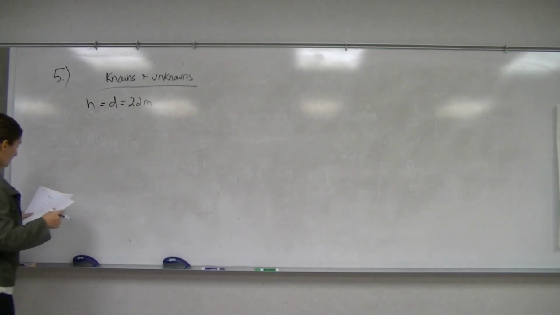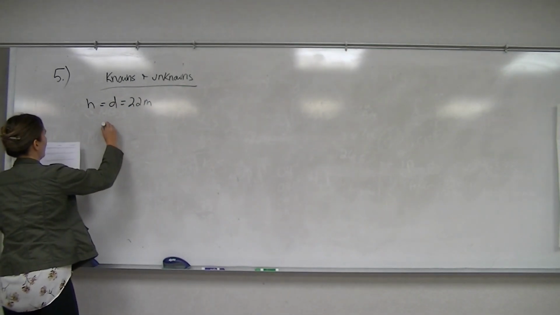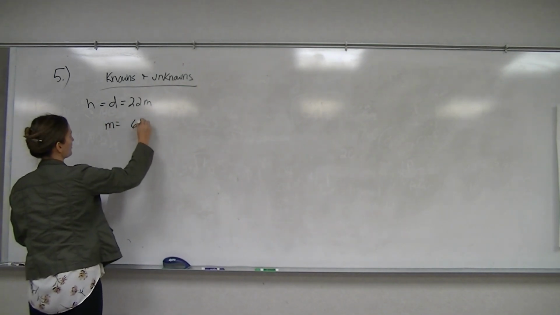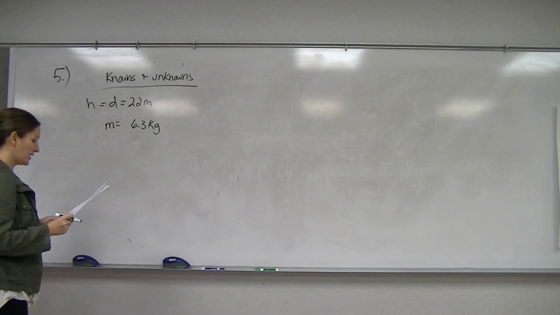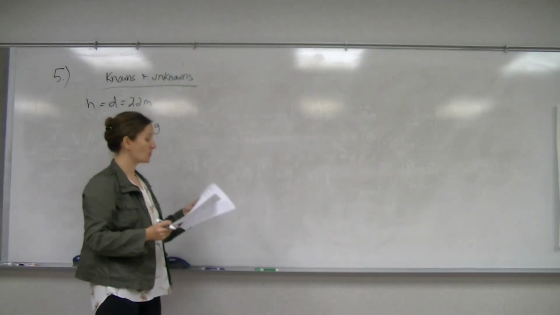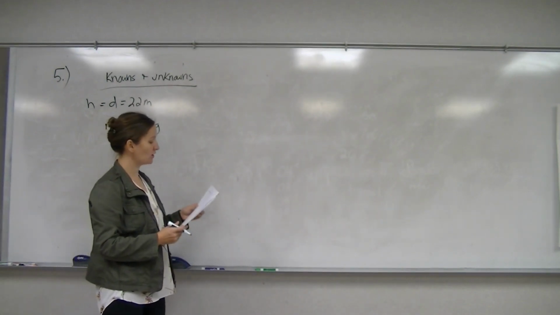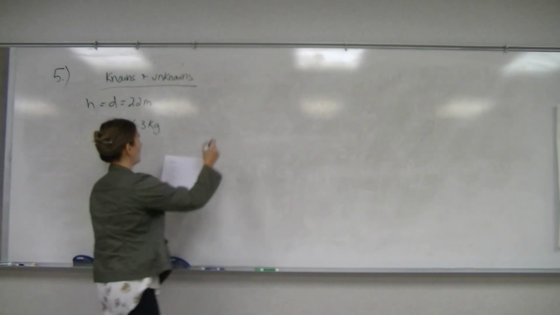The next piece of information has a mass, and that's M, always, of 6.3 kilograms. It's asking how much energy is needed to raise the bucket to the window of the treehouse. So it's asking for energy. And when we looked at the energy equations, remember, work is a form of energy. So this is what we have.